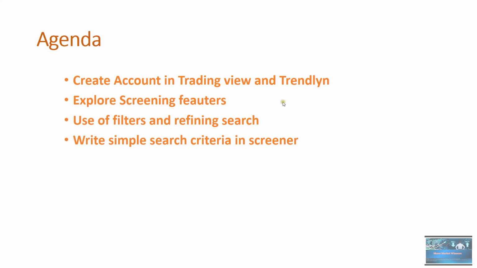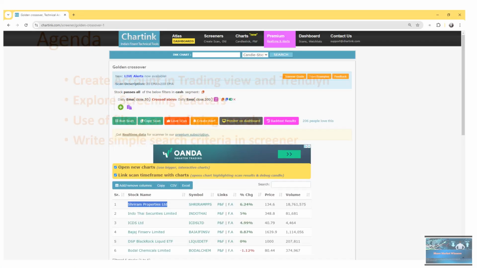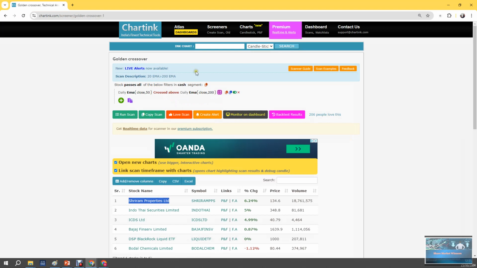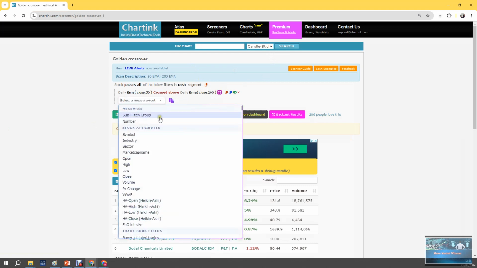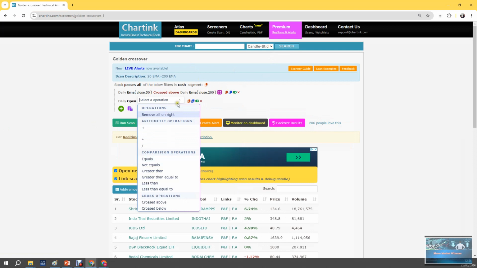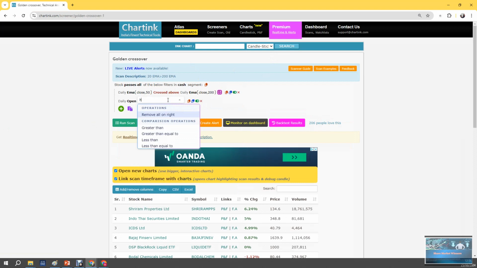However, using the charting, you will be able to generate some of those reports, and you can also write some scripts. Here you can add multiple other parameters, like open equal to low, open equal to high.